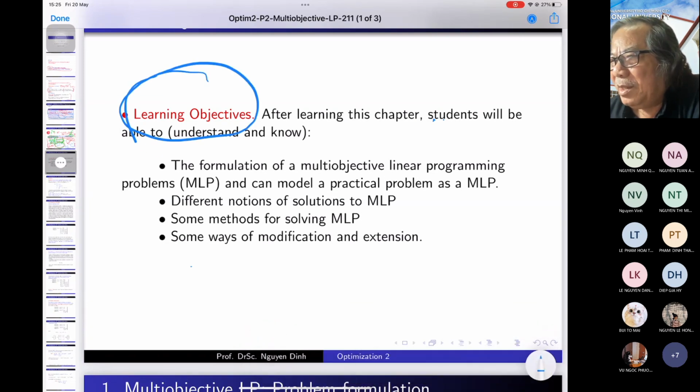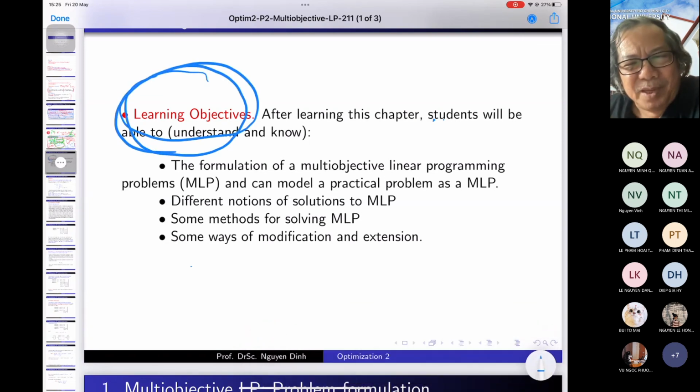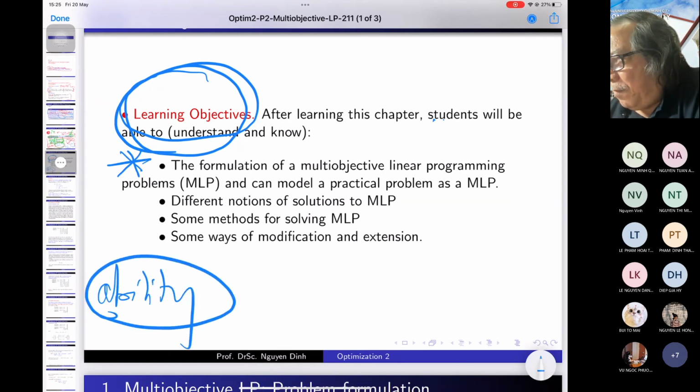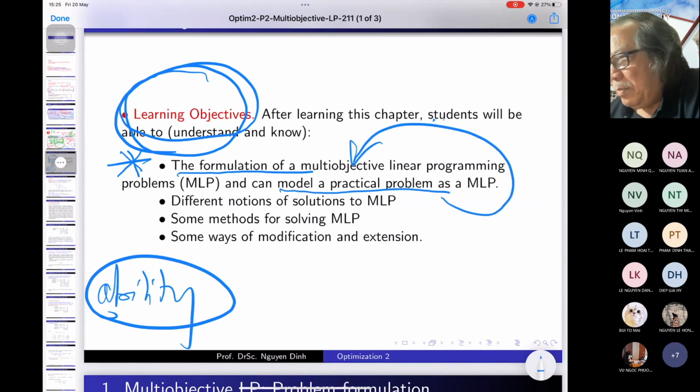Learning objective: that is the aim of this chapter. The aim of this chapter is to give you the ability to formulate and model a practical problem as a multi-objective linear programming problem.